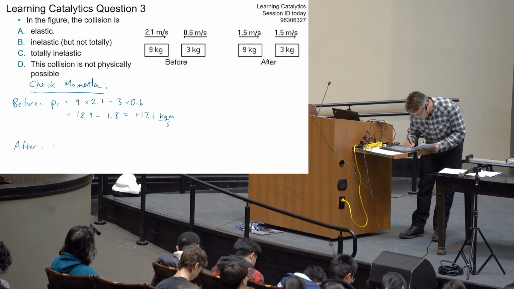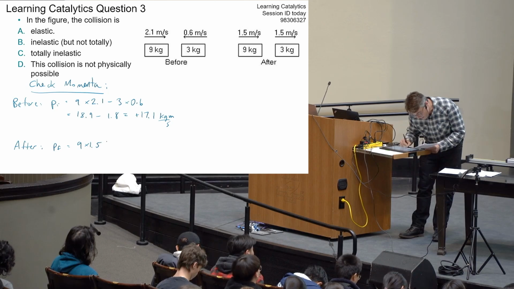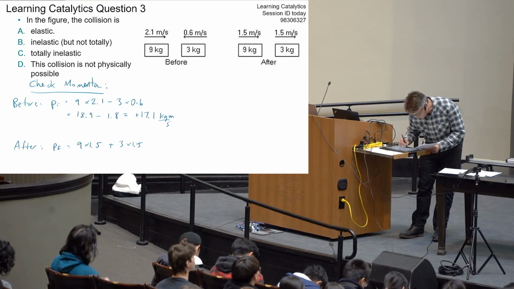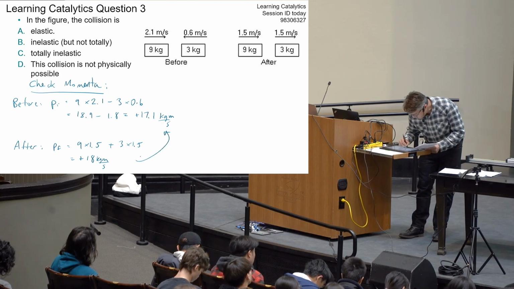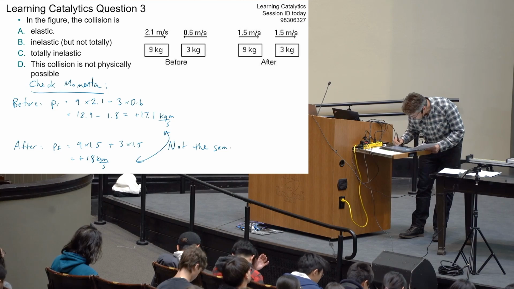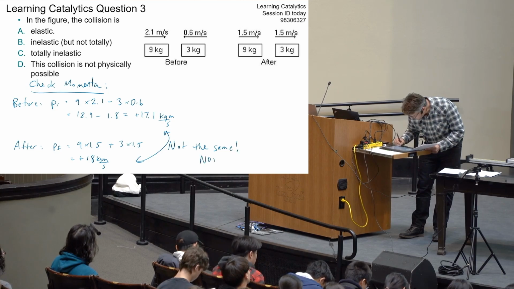And then after, P final is 9 times 1.5 plus, they're going same velocity now, same direction, 3 times 1.5. And I got plus 18 kilograms meters per second. So it's close, but it's not close enough. Not the same. Okay, so this is not possible.